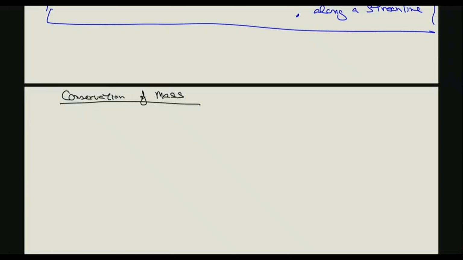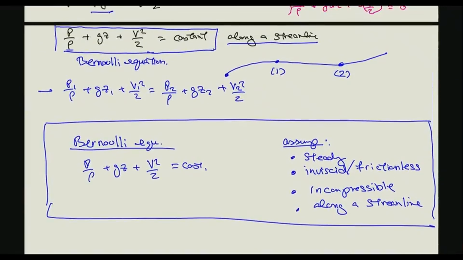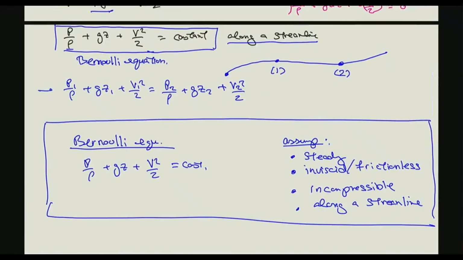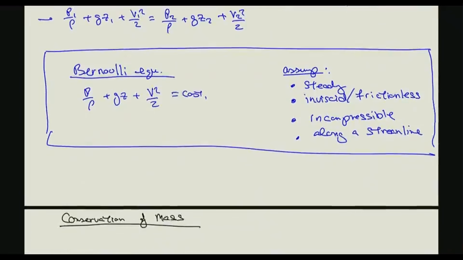But the way the textbook introduces the Bernoulli equation, conservation of momentum first, there is not yet the formal development of the general conservation of mass equation. Okay?